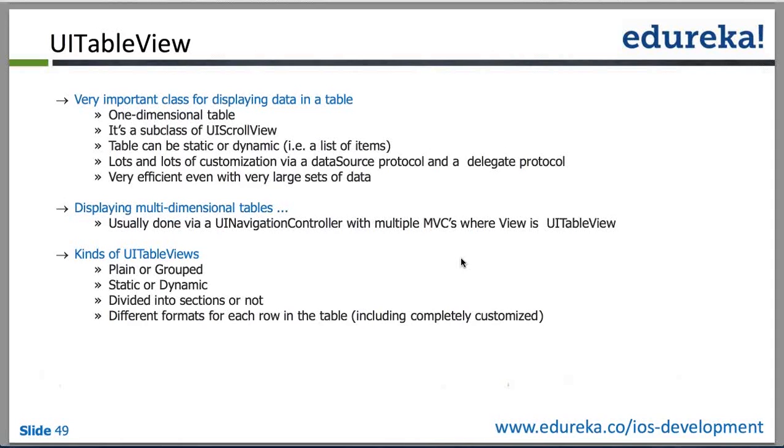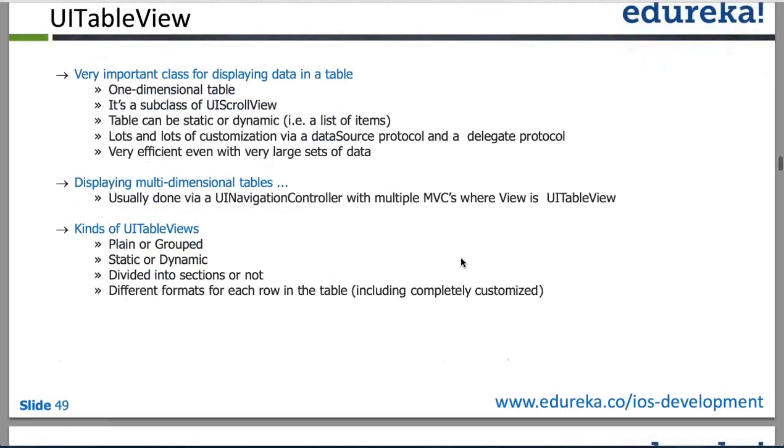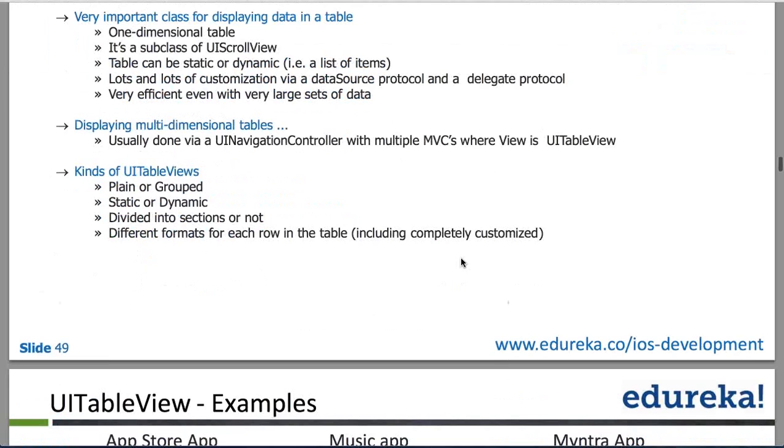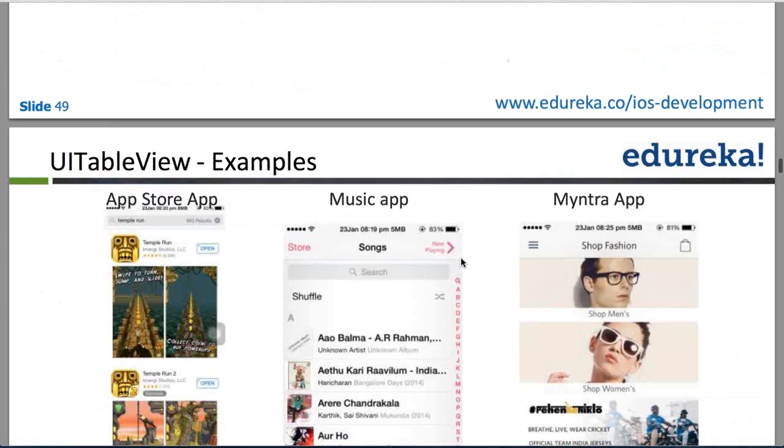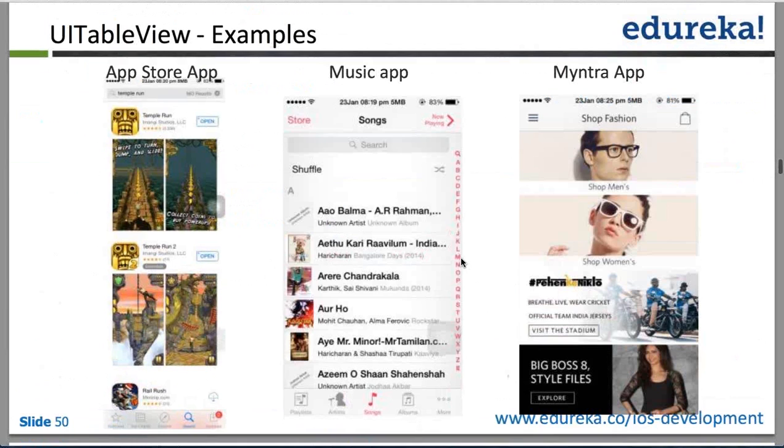If it is a static table view, you are going to design each and every cell or row in the interface builder itself. If it is dynamic, you are going to implement all the data source methods and then show all those things on the view.